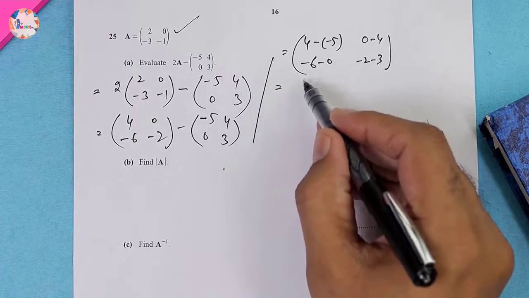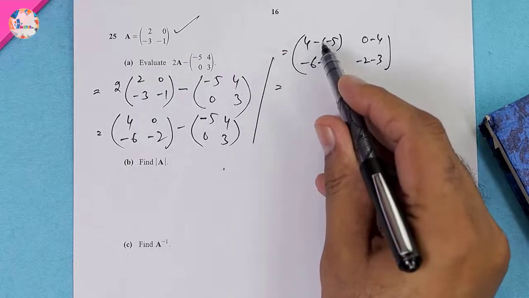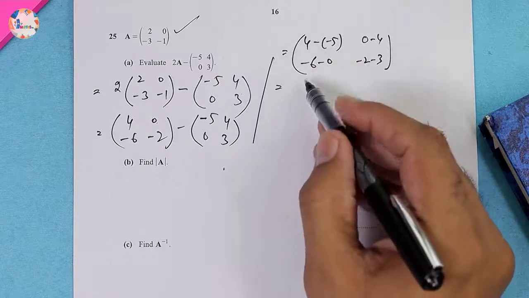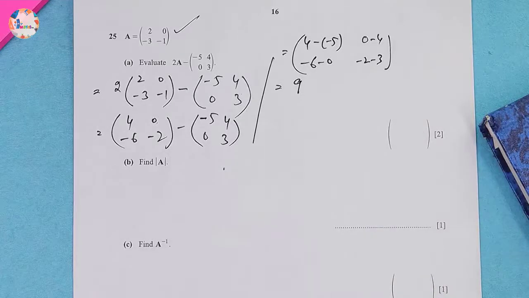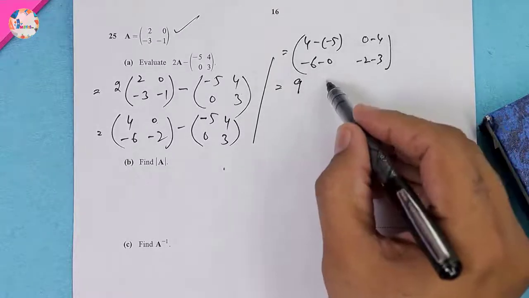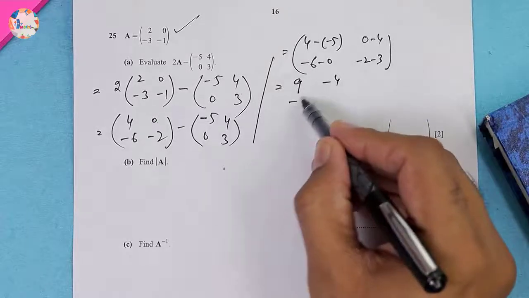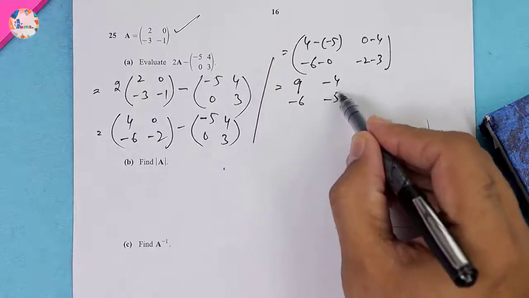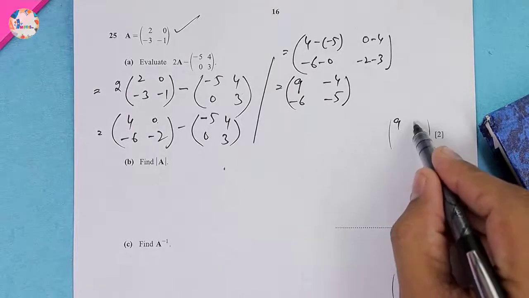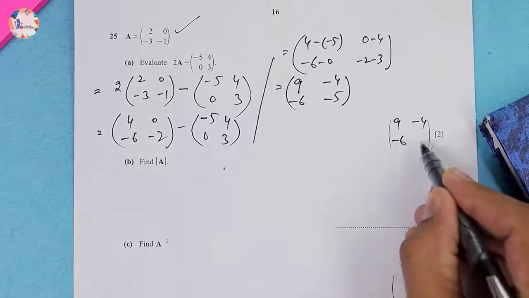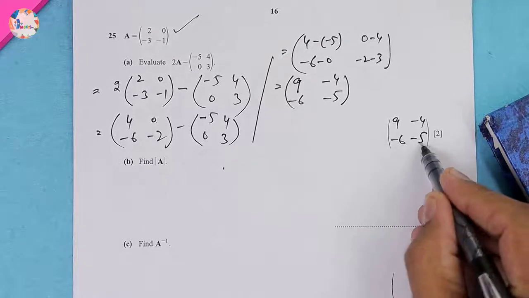We will have to simplify just this one, so this will be 4 plus 5, which is 9, and then next this one will be 0 minus 4, which is minus 4, this will be minus 6, and this one will be minus 5. So this will be our final answer over here at the provided place.